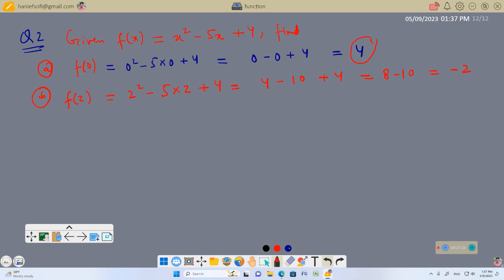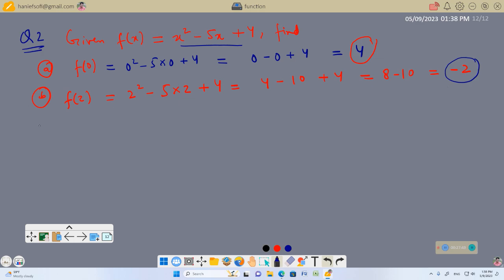So here f of 2 for this function is minus 2. That means if x attains the value 2, this function attains the value minus 2, right?